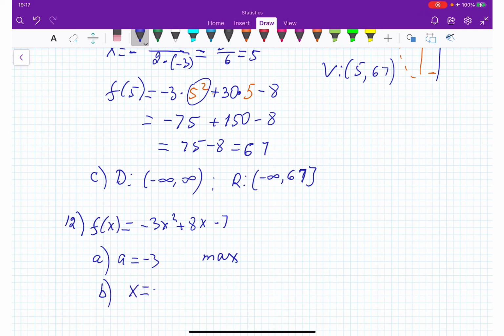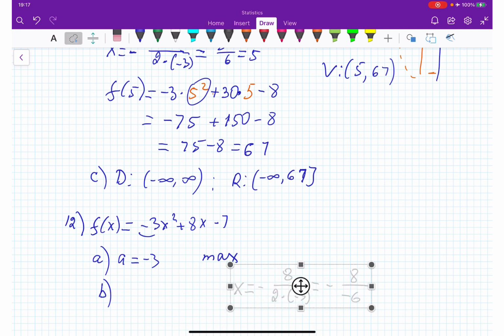x is equal to negative, where is my b? It's positive 8 over 2a. So 2 times a, which is negative 3. It's going to be negative 8 over negative 6. I thought maybe you already understood, so I didn't put the formula for vertex, but then I thought maybe somebody looking only at problem number 12 can be lost.